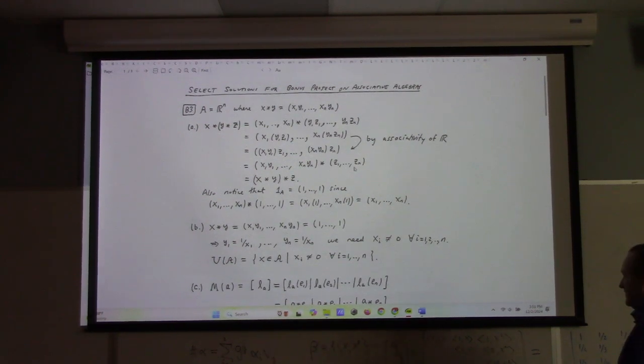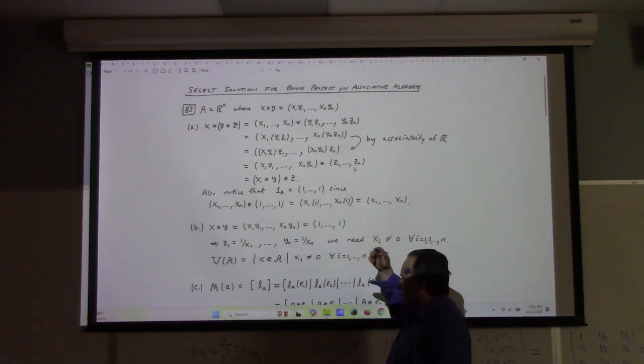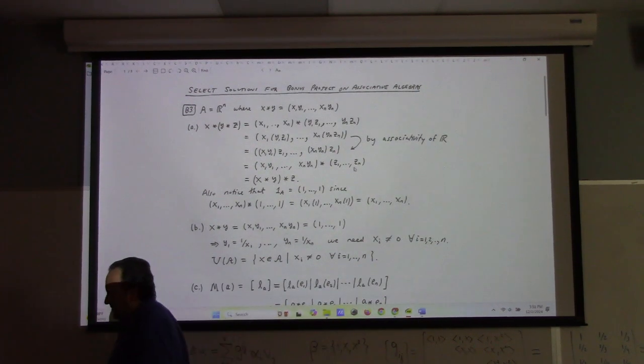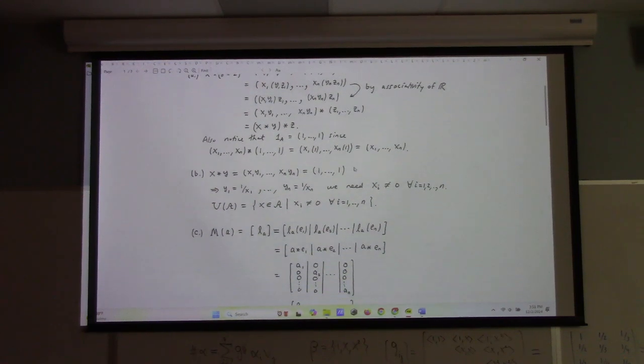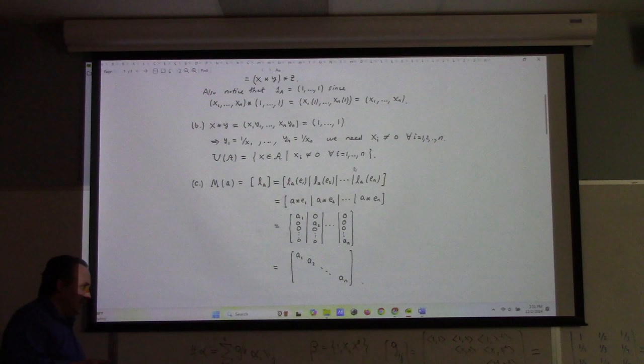Finding the multiplicative inverse is just solving, algebra element times algebra element equal to the identity. Nothing much to say there. This is more what I wanted to talk about, because some of you don't quite get this yet, and it's not hard is the thing. So the matrix representation of an algebra element, all I do is I look at the left multiplication map, right?